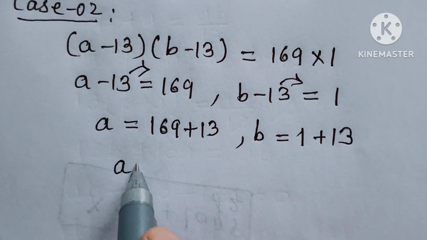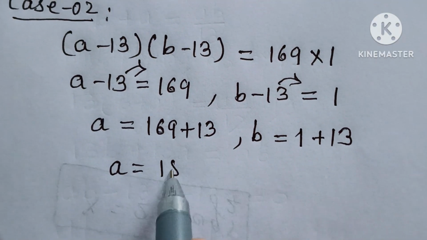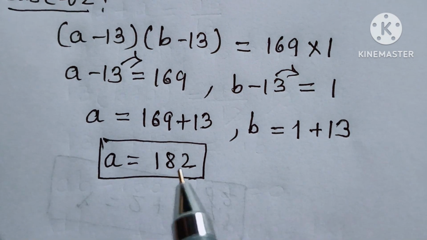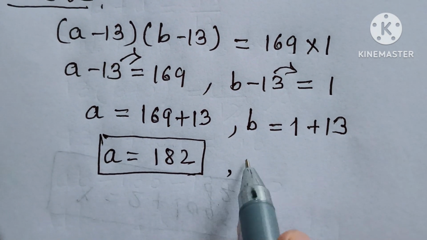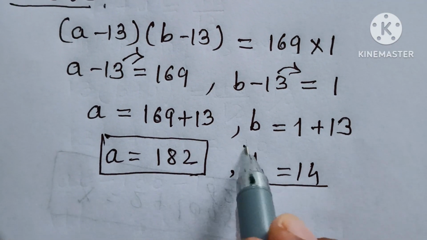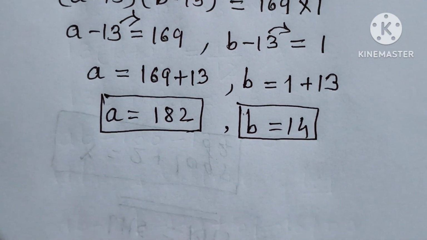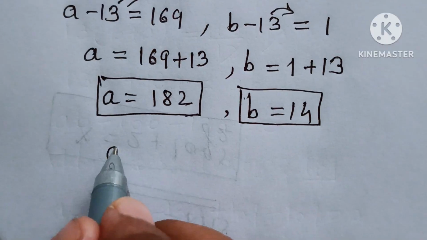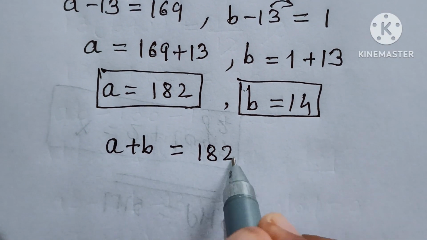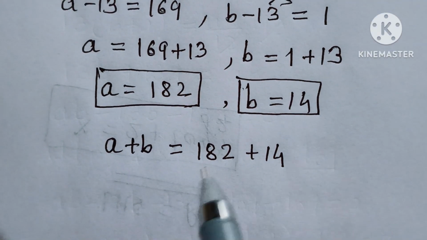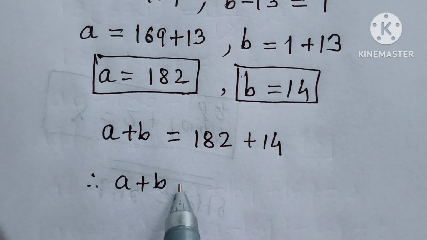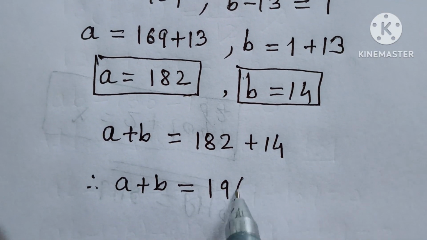A equal to 182, B equal to 14. Now value of A plus B equal to 182 plus 14. Hence A plus B equal to 196.